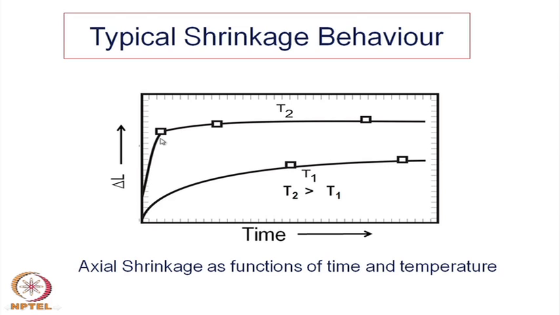That initial rate increases as temperature increases, and the overall shrinkage, the dimensional change, is also larger when the temperature is high. So, this is the typical sintering kinetics behavior of almost all the mechanisms, but the coefficients or the exponents are a little different.